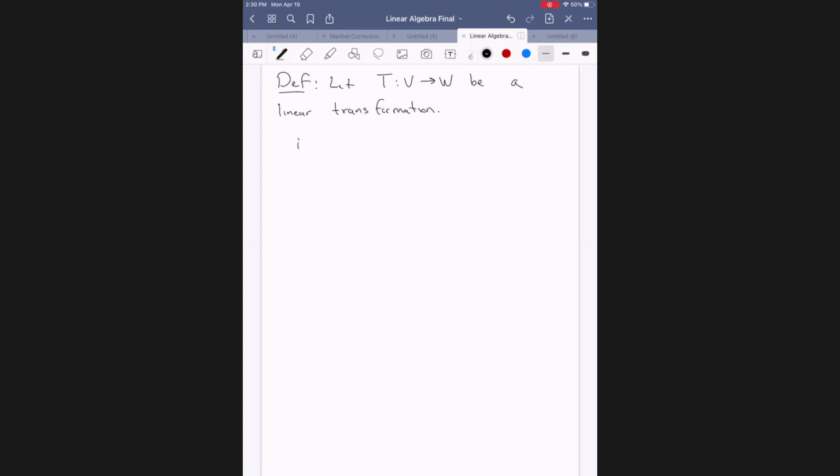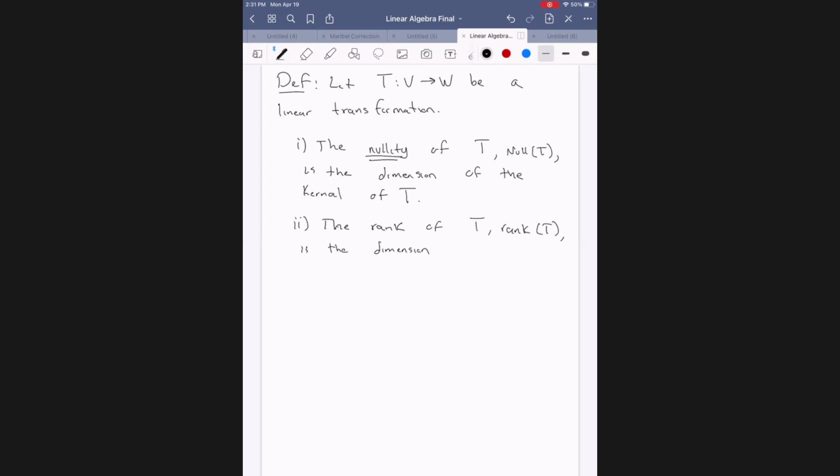We'll say the nullity of T, which we call null of T, is the dimension of the kernel of T. Two, the rank of T, which we'll call rank of T, is the dimension of the image of T. Same thing.